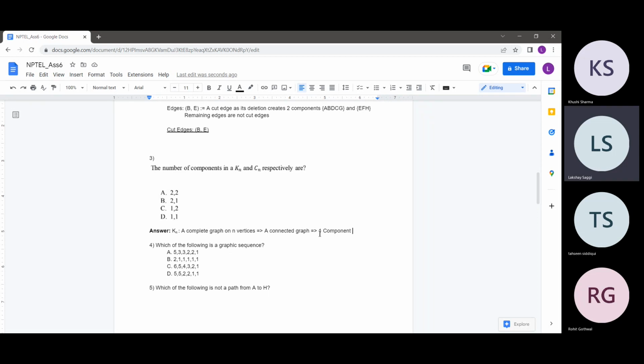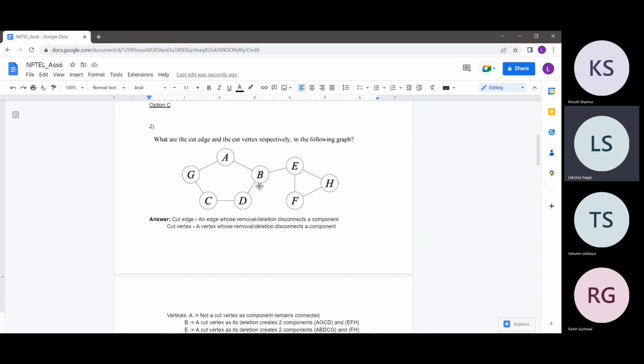But suppose in the earlier question I removed the edge B comma E, then there were two components in this graph, A, B, D, C, G and E, F, H. In each of these components every pair of vertices could be connected to each other, but any two vertices belonging to different components cannot be connected.